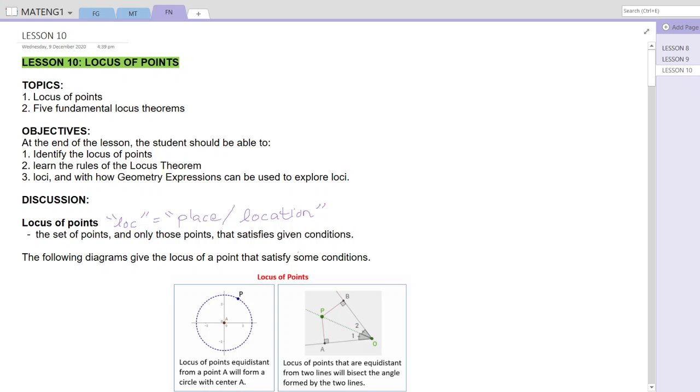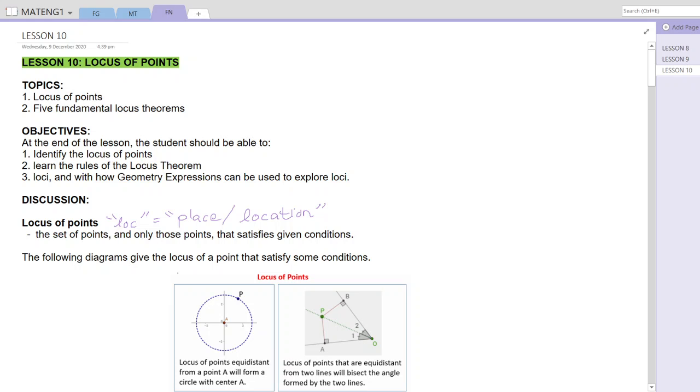It is the set of all points, commonly a line, line segment, curve, or the conics, including circles, parabolas, ellipses, hyperbolas, and so on, or a surface or a plane. So those are the set of all points.